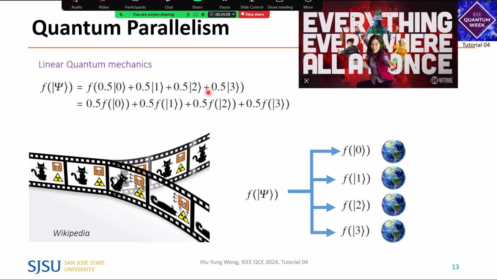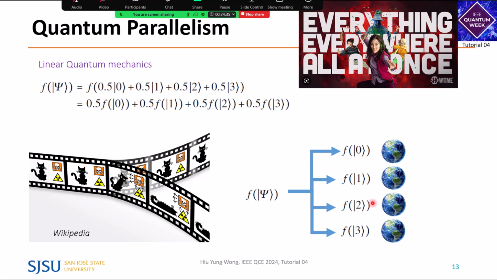So it can be in a linear combination of the 4 basis states. And because quantum mechanics is linear, I apply an operation to it, then I will be able to compute each of them at the same time. Of course, this is just a hand-waving notion. We don't compute on the basis states, but it just tells us that it looks like we have a parallel universe. We do the computation all at the same time.